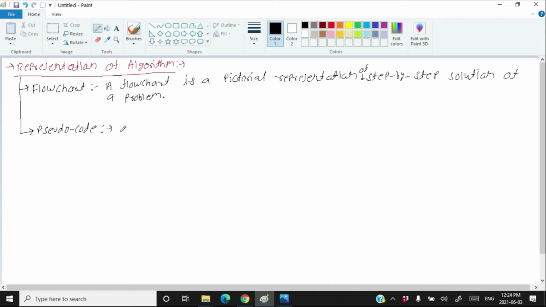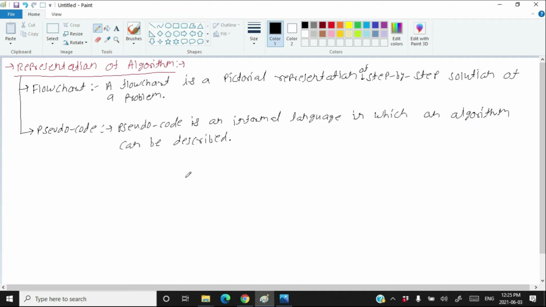And what is pseudocode? Pseudocode is an informal language in which an algorithm can be described. Informal language means pseudocode cannot be executed by any programming language. Pseudocode is just English-like sentences written step by step as a solution to a problem.